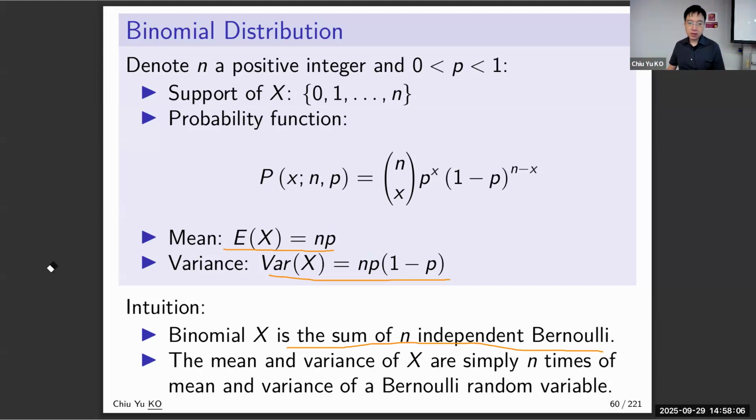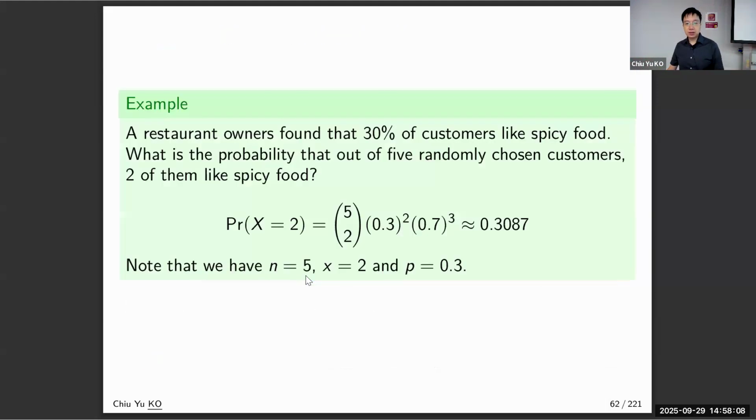Okay, I guess that's enough for that. We go to the example, which I think is a very good application to see why it makes sense, because this is a very important operation. An example like this is a restaurant owner who figures out from his data that 30% of the time customers like spicy food. The question he's facing is, out of 5 customers or 5 tables, how many of them like spicy food?